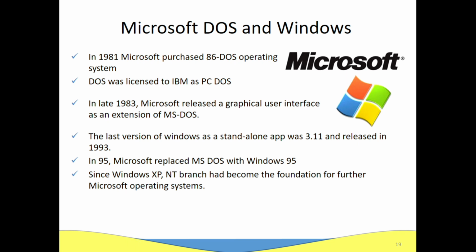Millennium Edition, you probably heard about this operating system, was abbreviated as ME. So Windows ME was the last operating system in this branch before discontinuing work on it. Since Windows XP, the NT branch had become the foundation for further Microsoft operating systems.